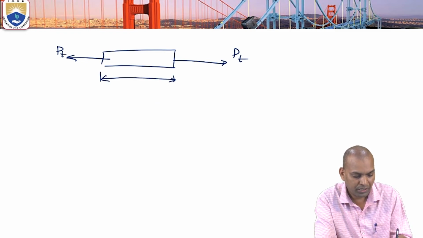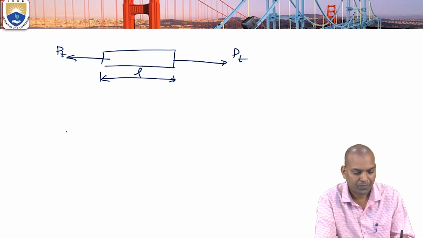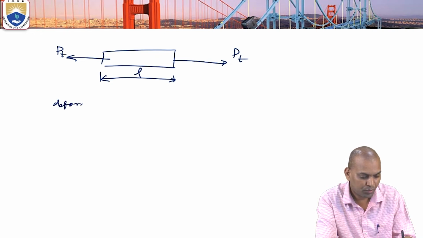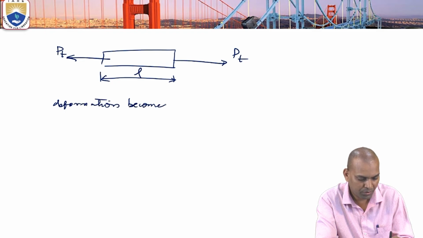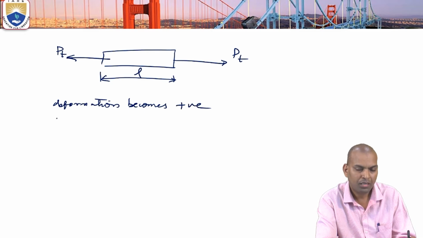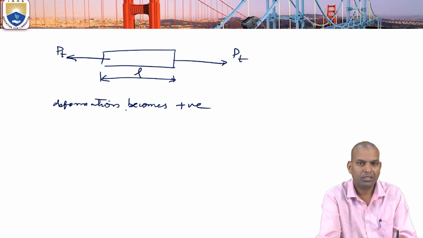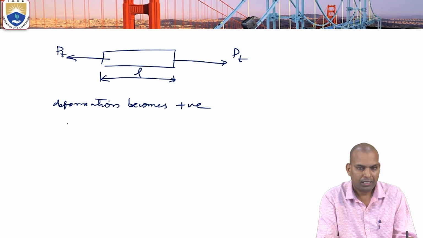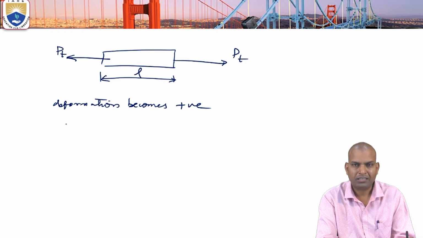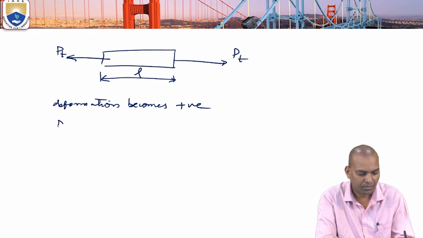When the tensile load is applied, after applying the load, the deformation along the applied load becomes positive, and the lateral strain is decreasing, the diameter is decreased.